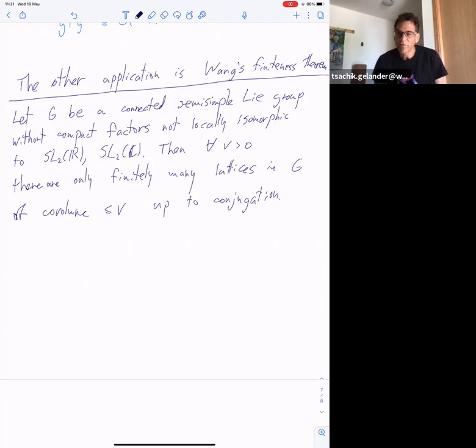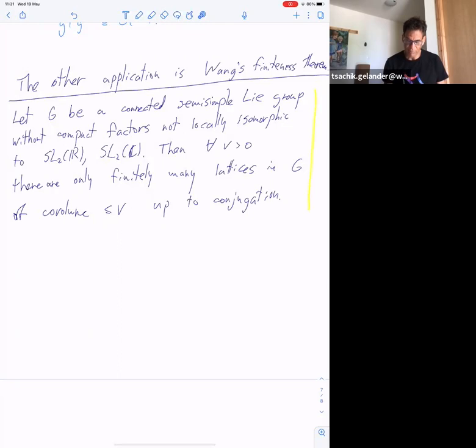And this is basically what Wang did, without actually saying what the topology is, but we will see it. So he showed that with respect to a certain topology, the set of conjugacy classes of lattices in G of volume at most V is at the same time discrete and compact.